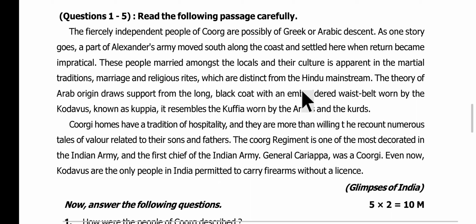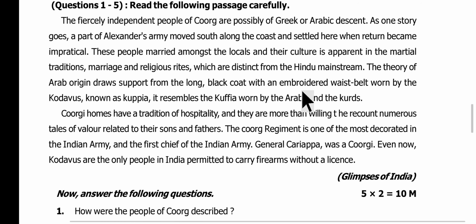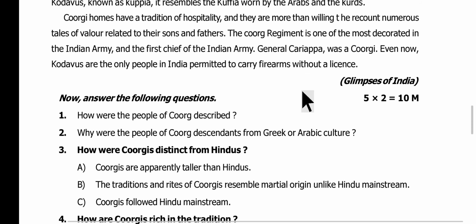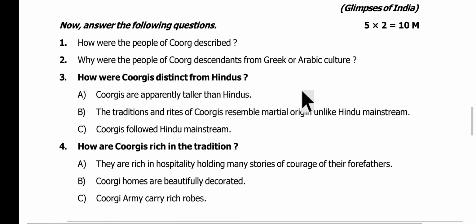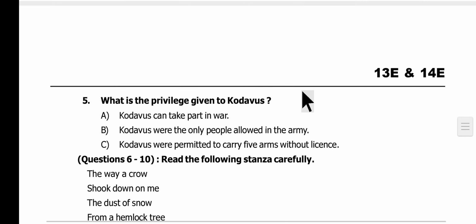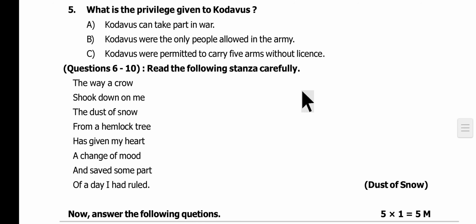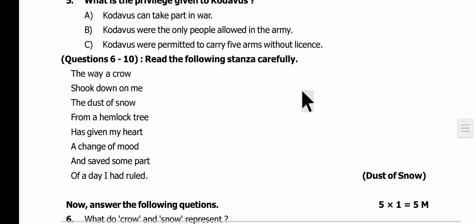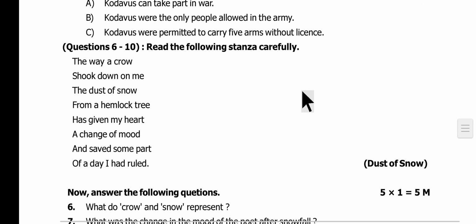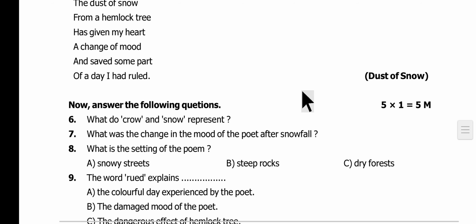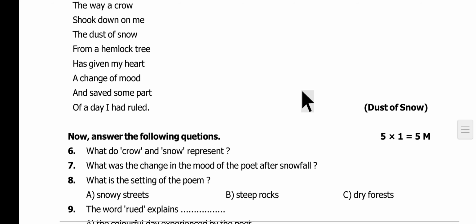So we can have crystal clarity of the content, characters and theme so that we can easily attempt this section of the reading. Now coming to the next, the poem section is giving a stanza from the poem, and here Dust of Snow.